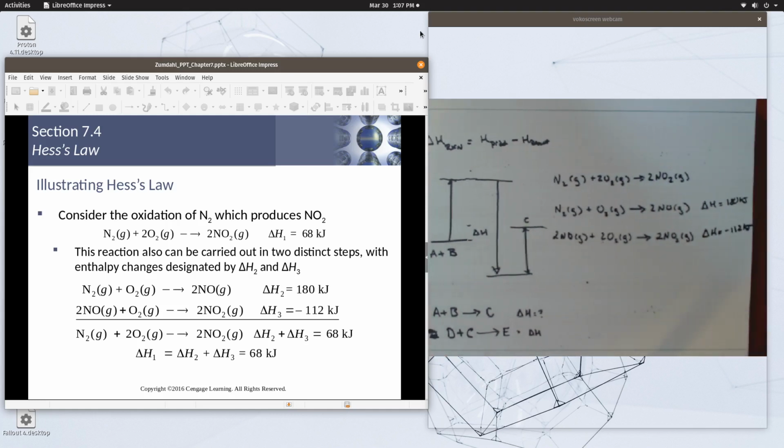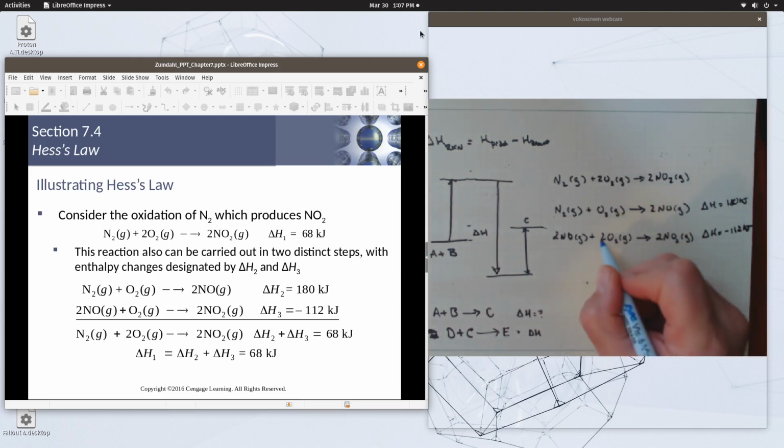Let me slide it over so you can see that. It's also what's written on the other side. Now, if I add these two together, you see the net reaction. The net reaction is the reaction I want. See this net reaction.